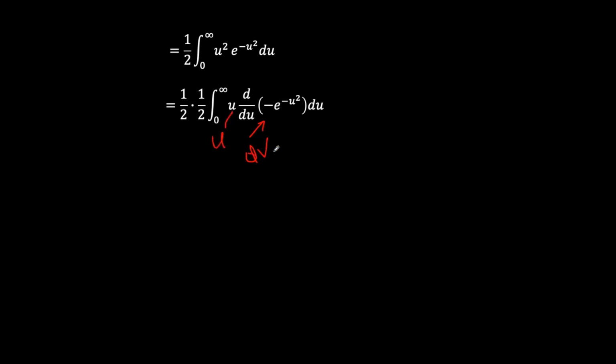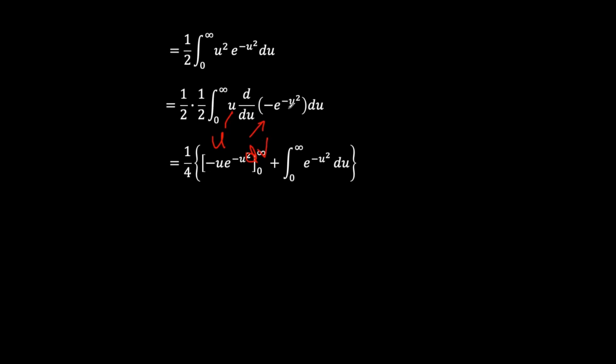So with this being our dv, our v simply is equal to negative e to the power negative u squared. And so integration by parts, beginning with uv, so negative u times e to the power negative u squared, minus the product of v and du.